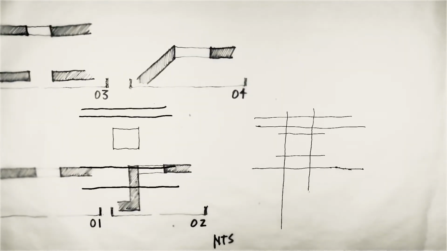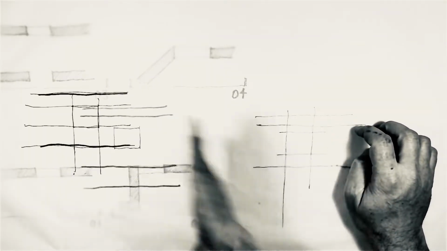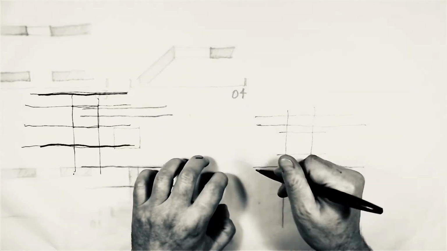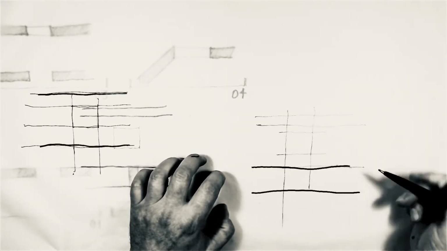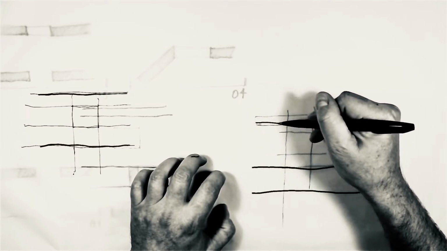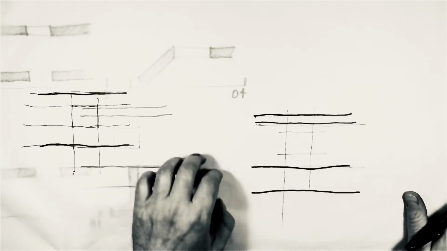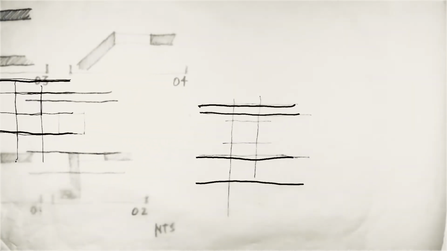Now to clarify this, I'll even draw the roof and the ground. I don't have to worry about what's left or right. These are just diagrams. So here's my floor. I'll even draw the ground in here, down there somewhere. I'll draw my ceiling line and my roof.